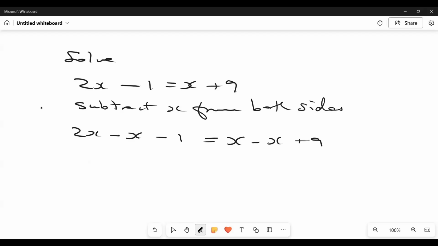So this becomes x. This becomes minus 1. That becomes 9, right? Our next step is to get this one over here now, right? So I probably add 1 to both sides, right?